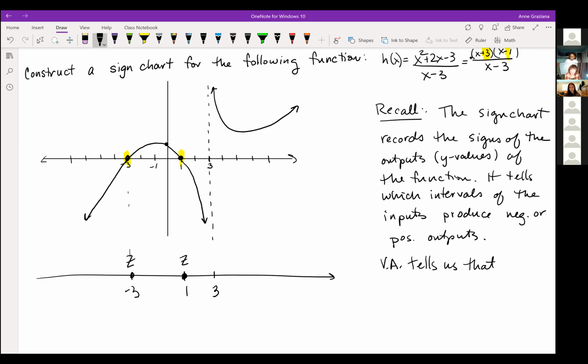Tells us which numbers are not in your domain. Yes, good, Amarian. Which numbers are not in the domain, i.e. undefined.